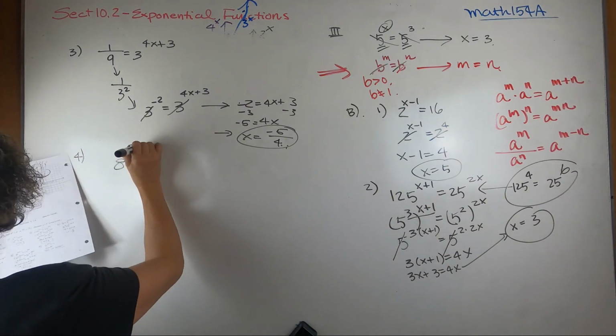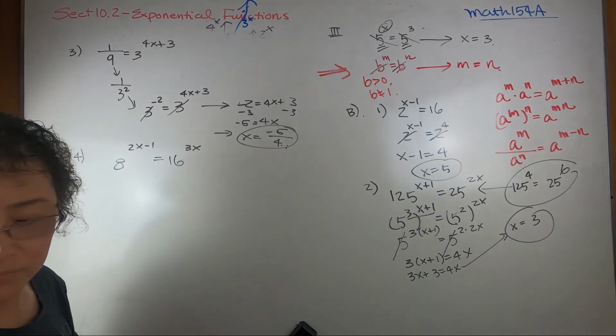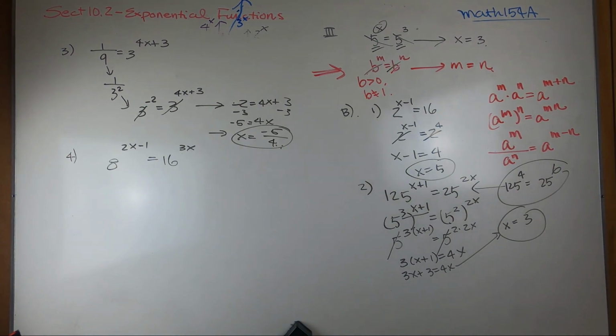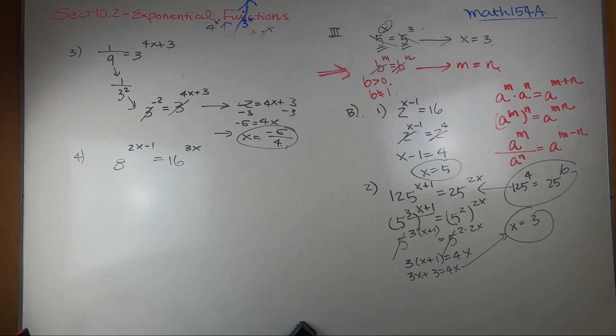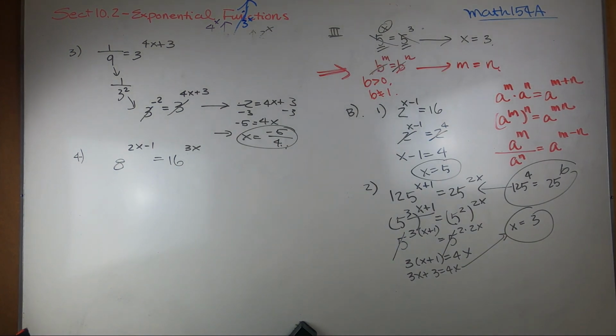Look, next one. Take a look at that. What do you think? Which base is possible for you to use? 8. Which number can go into 8? And which number can go into 16?